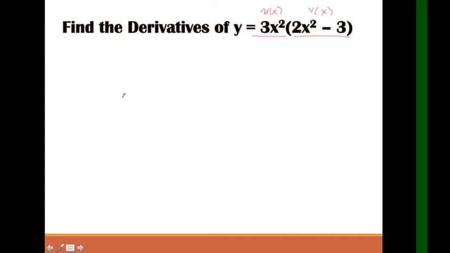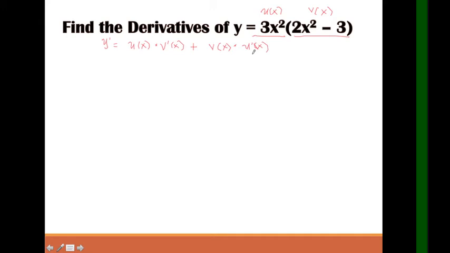So, parang gagayahin natin yung peg natin kanina: the derivative of y is equal to u of x times the derivative of v of x, tama? Plus v of x times the derivative of u of x. Ayan.